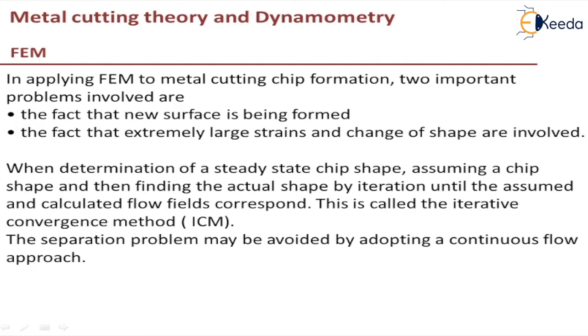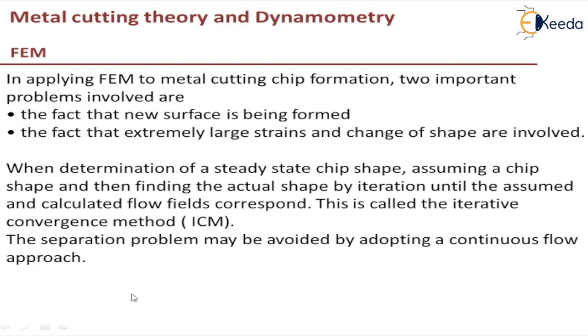A continuous flow approach requires frequent remeshing, resulting in a high computational cost. So as frequent remeshing is happening, it requires high computational facilities. Any other approach to the separation problem must use a gross crack running outward from the tool tip, since such a crack is not observed experimentally. And that is about the continuous flow approach.